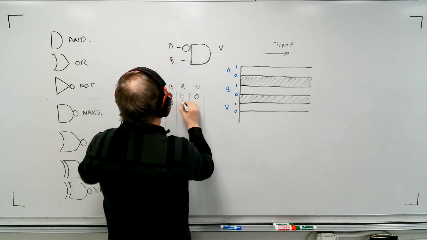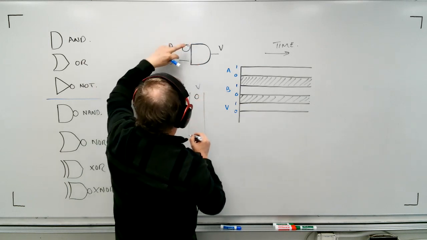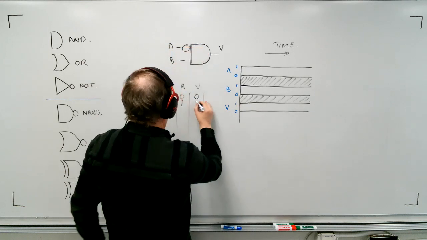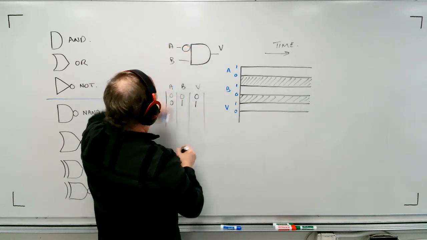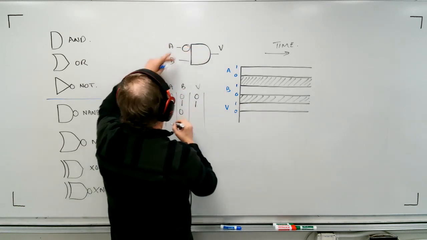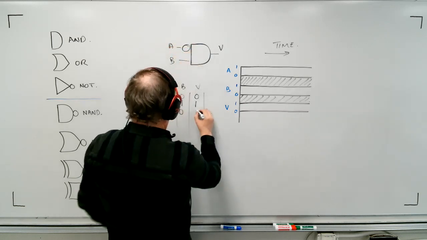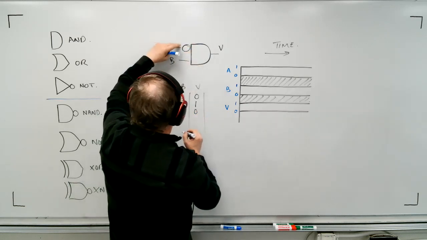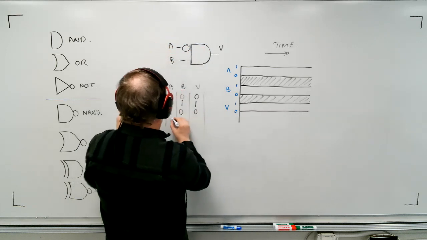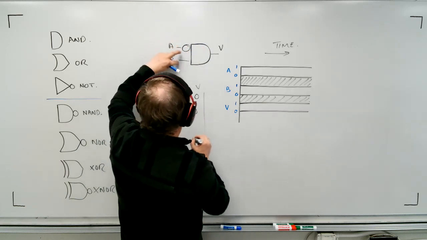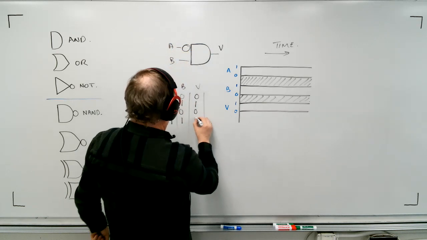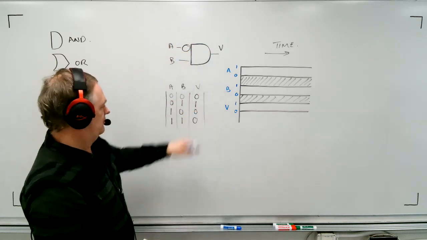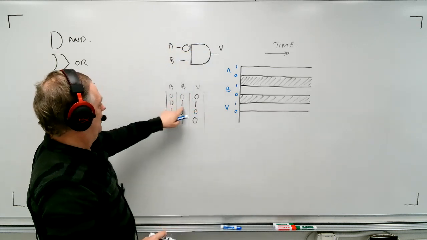If I had 0 and 1, that would make this 1 because of that invert there, right? Now, if I had a 1 and a 0, that would make this 0. And the last one would be 1 and 1, so that would be a 0. So there's only one condition that actually turns this on, and that's when we have 0 and 1.